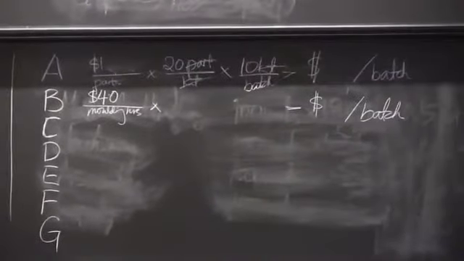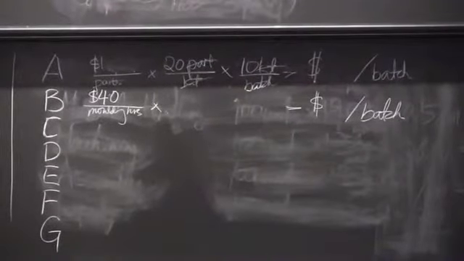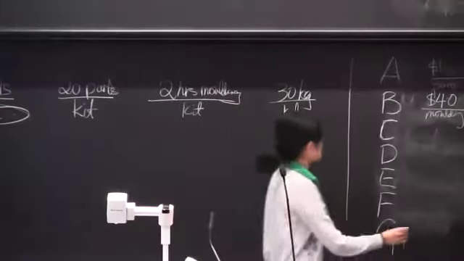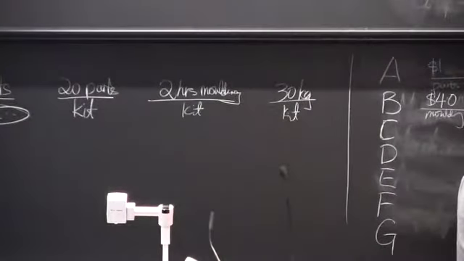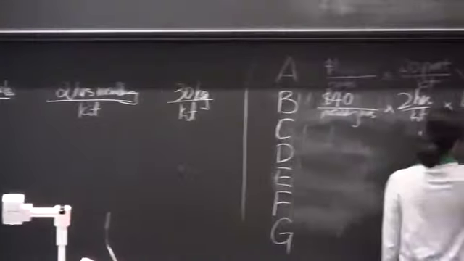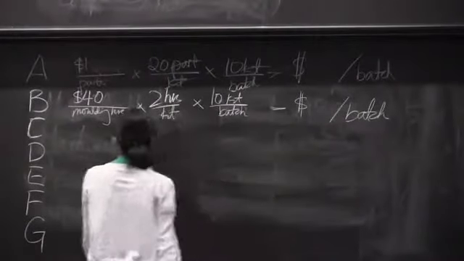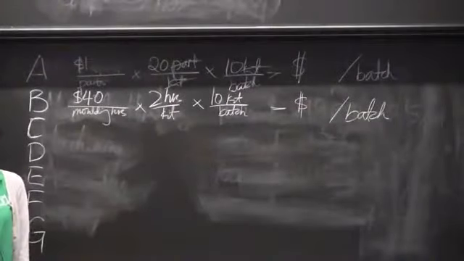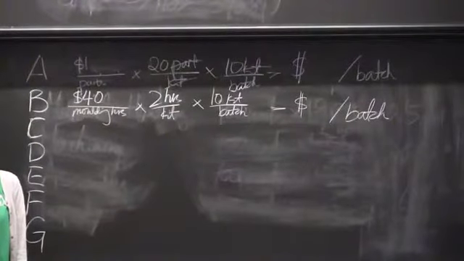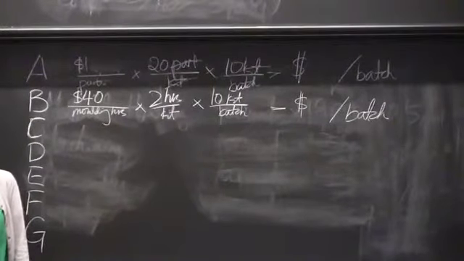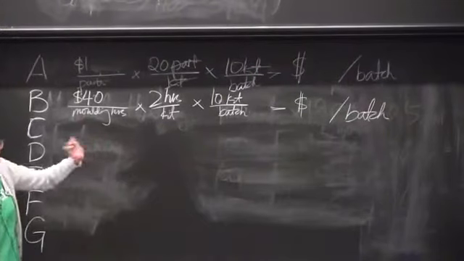Over here, there's something related to the hours, right? So 2 hours per kit. Once again, 10 kits per batch. Simple, right? Are we moving along okay? Okay, next one. I'm not going to calculate it for you. It's easy. I'll fill it in later.